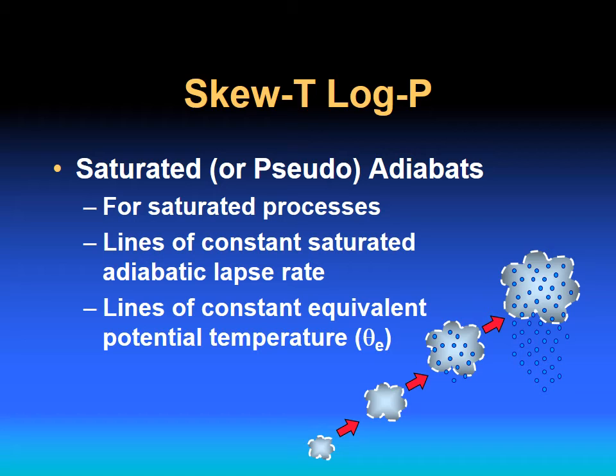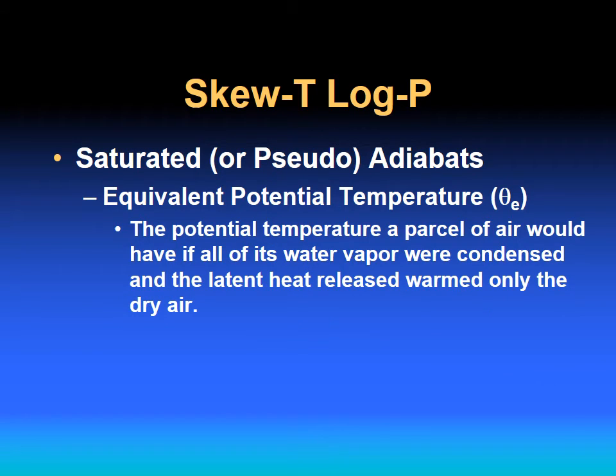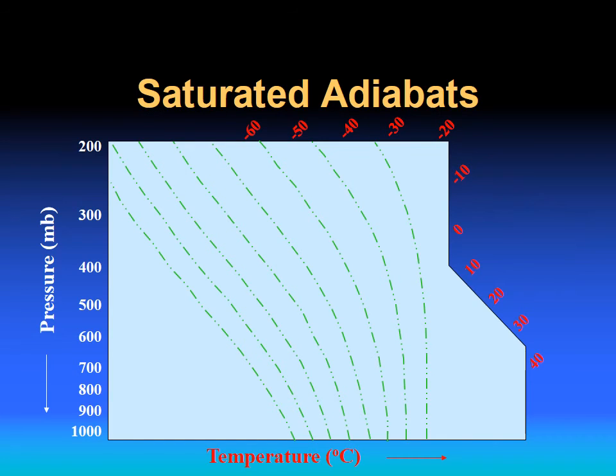Remember that parcels that have lots of water vapor will condense lots of water and release lots of latent heat. Now, these are lines of constant potential temperature. We call this theta E. Just to refresh your memory, theta E is the potential temperature a parcel of air would have if all of its water were condensed down and that latent heat that was released warmed only the dry air. So there are your lines.